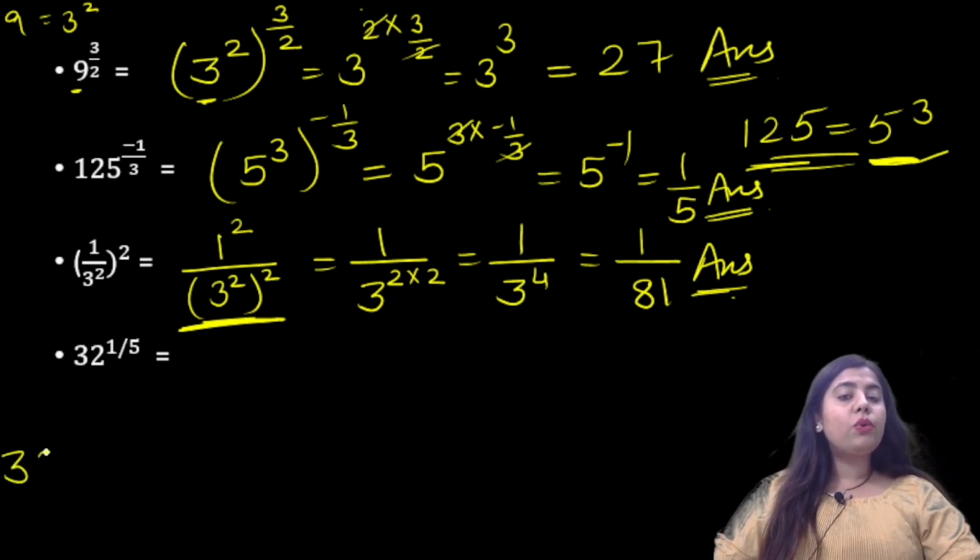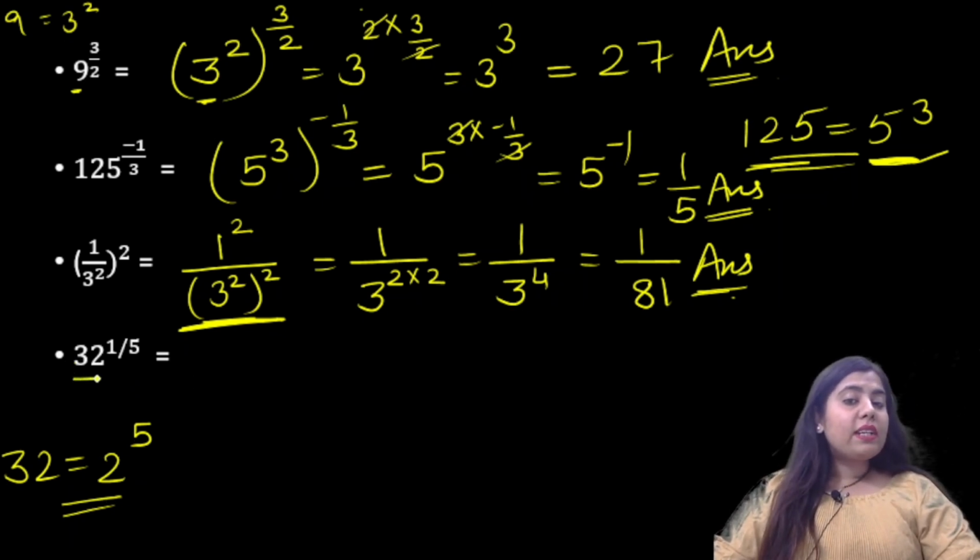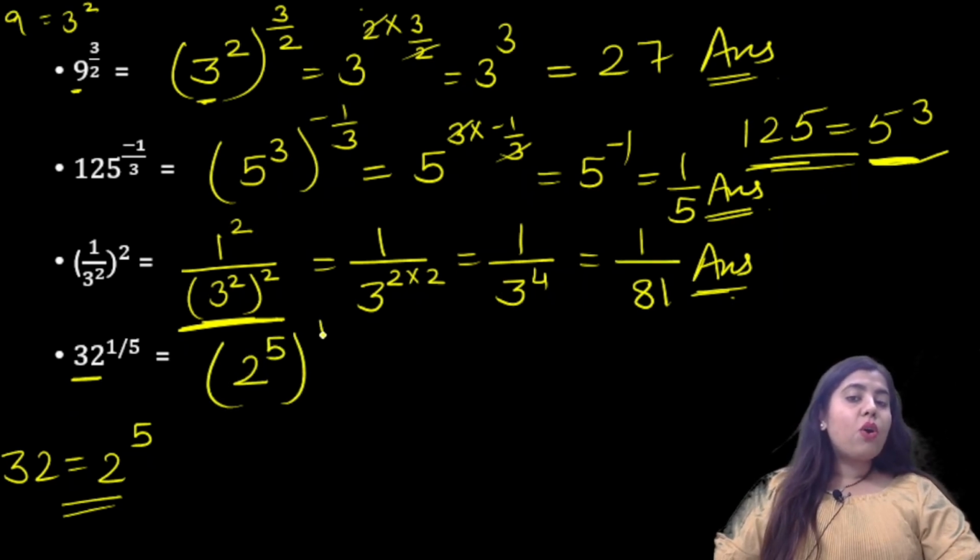See, 32 is 2 raised to the power 5. 2 2s are 4, 4 2s are 8, 8 2s are 16, 16 2s are 32. So it is 2 raised to the power 5. So we can write 32 as 2 raised to the power 5. So it will become 2 raised to the power 5 whole raised to the power 1 by 5.